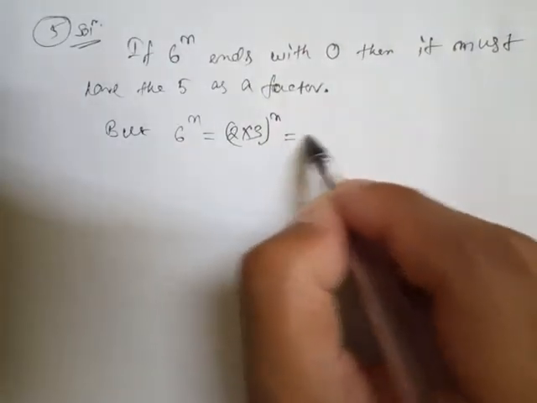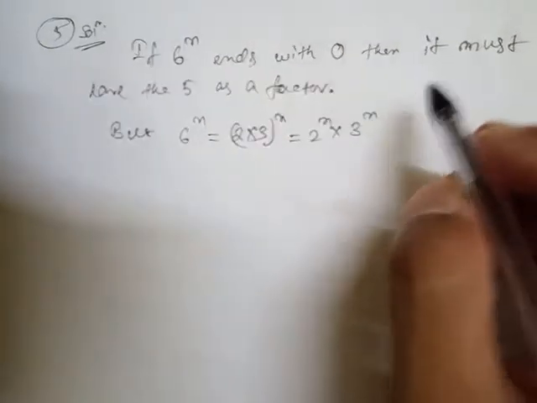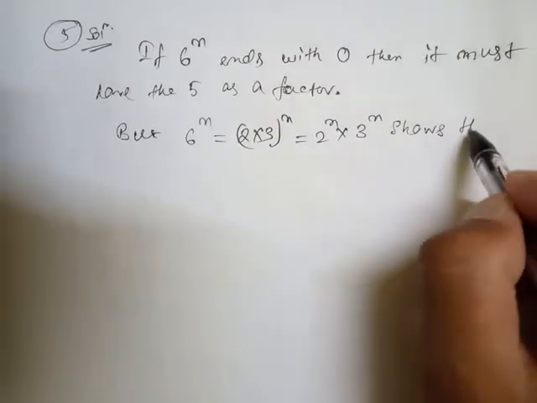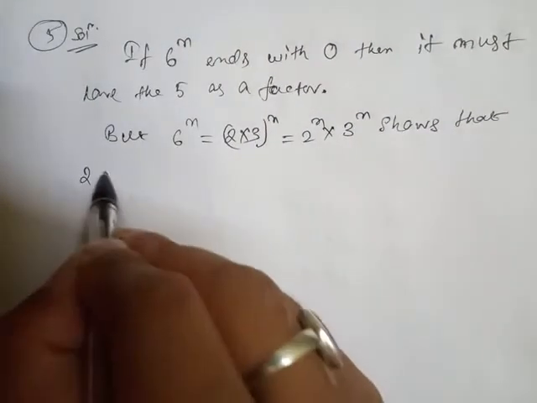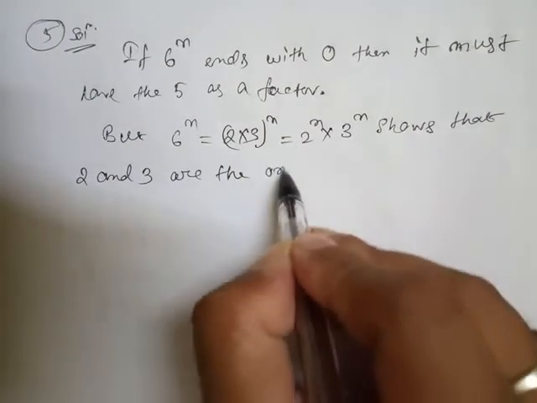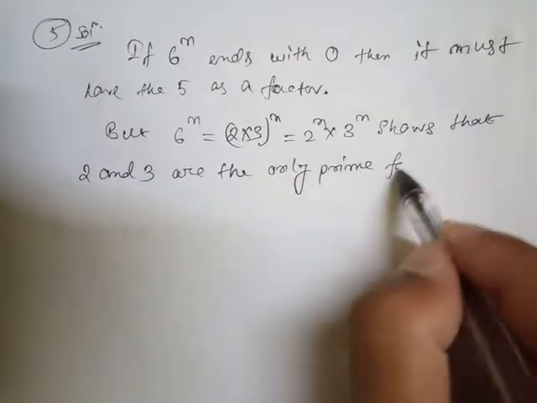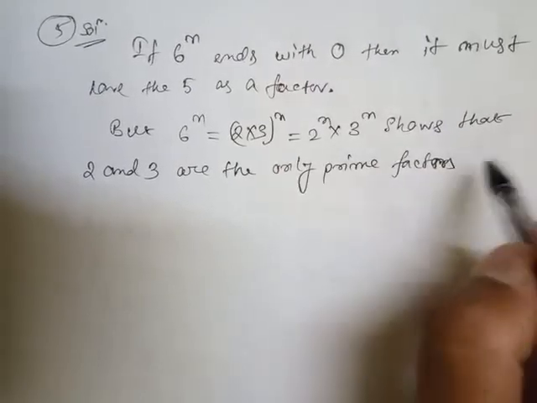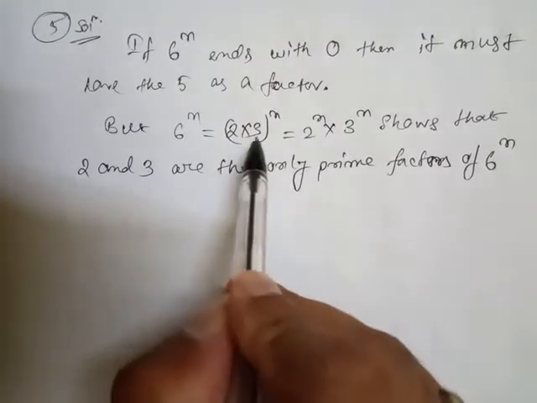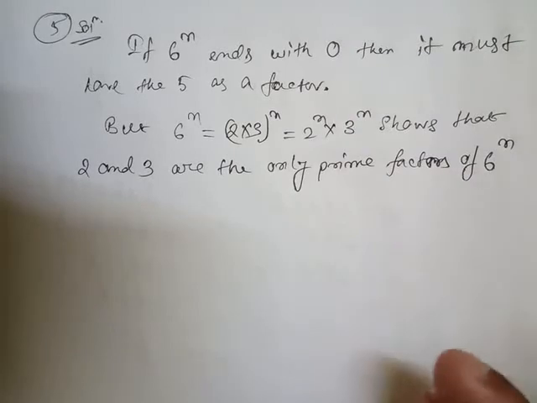This can be written as 2 to the power n into 3 to the power n, which shows that 2 and 3 are the only prime factors of 6 to the power n.